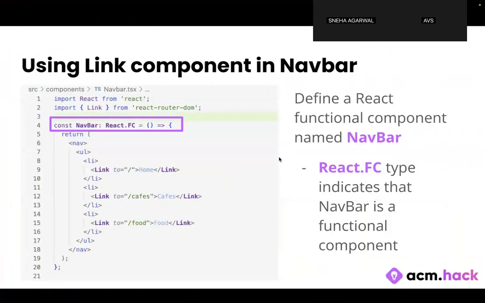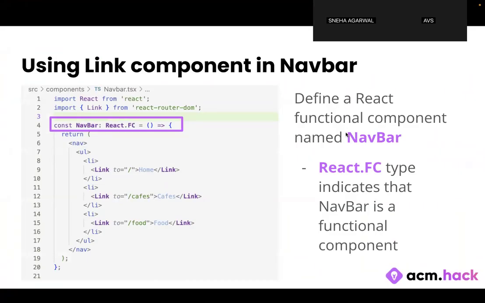Okay, and now that we've defined the link inside of our file, we want to define a React functional component that we can then import to our app.tsx file later.